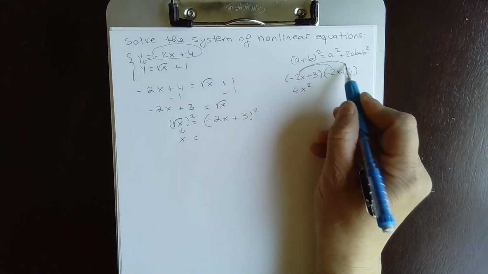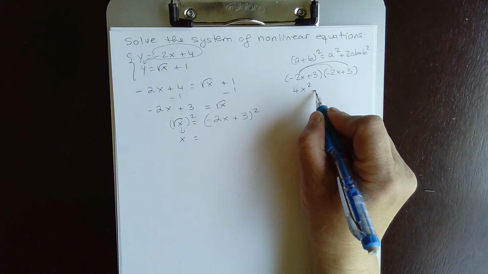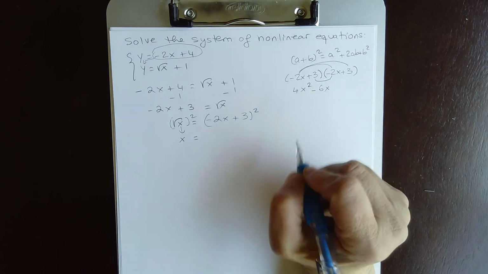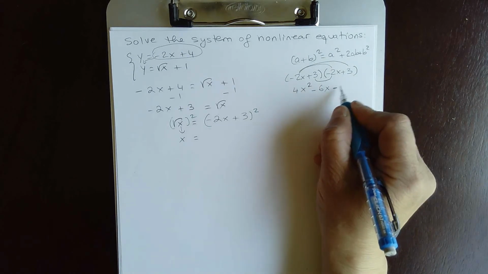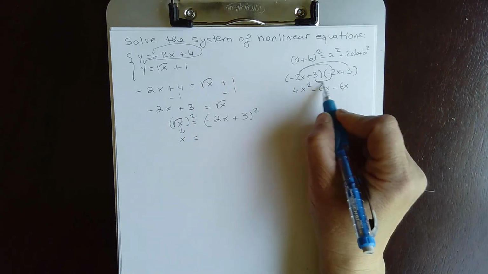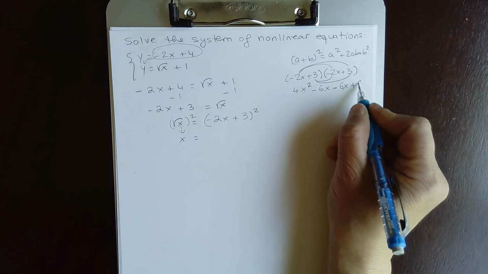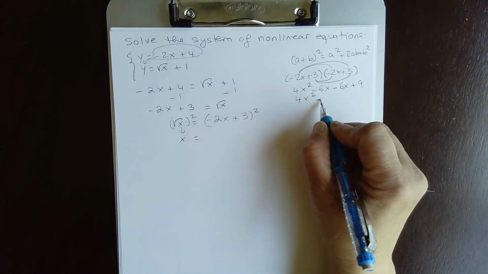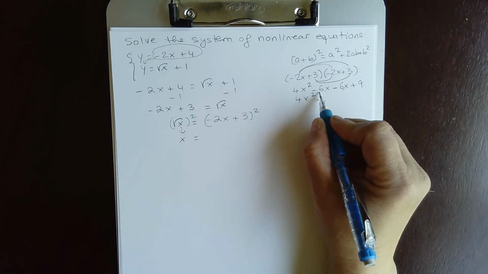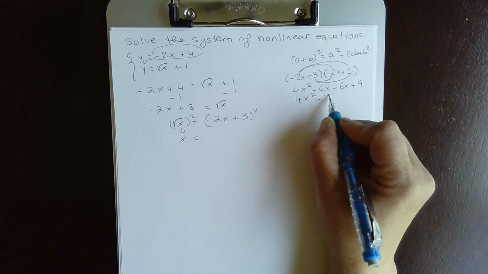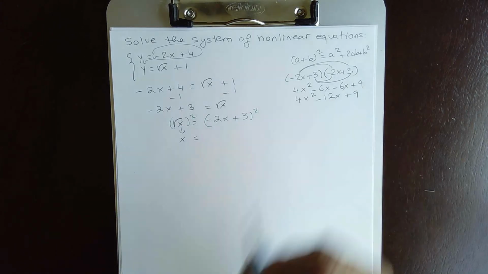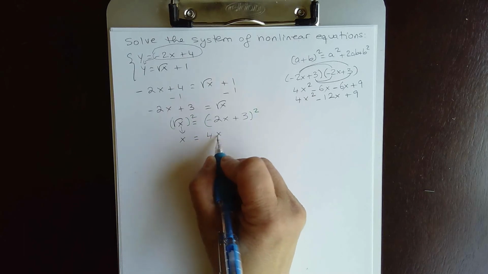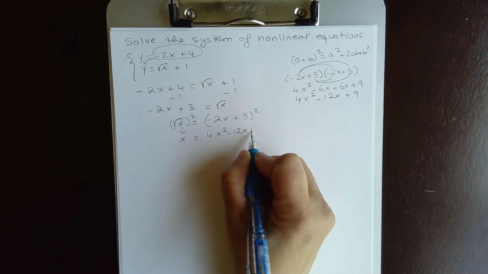Negative 2x times 3 is negative 6x. Positive 3 times negative 2x is also negative 6x. 3 times 3 gives us a 9. Simplifying, we get 4x squared minus 12x plus 9. So what we have here is 4x squared minus 12x plus 9.